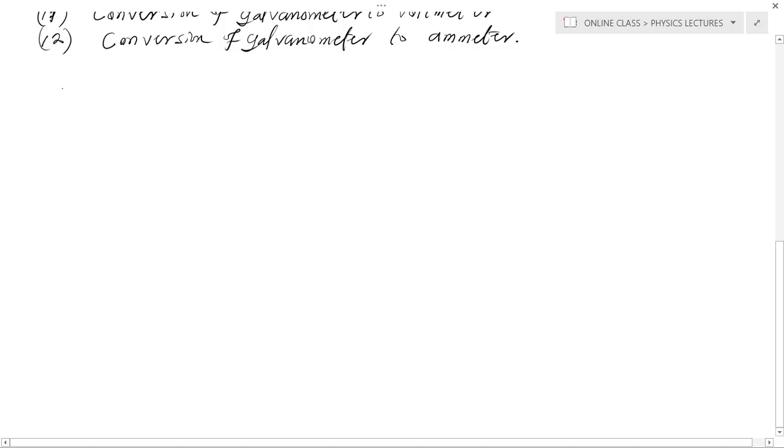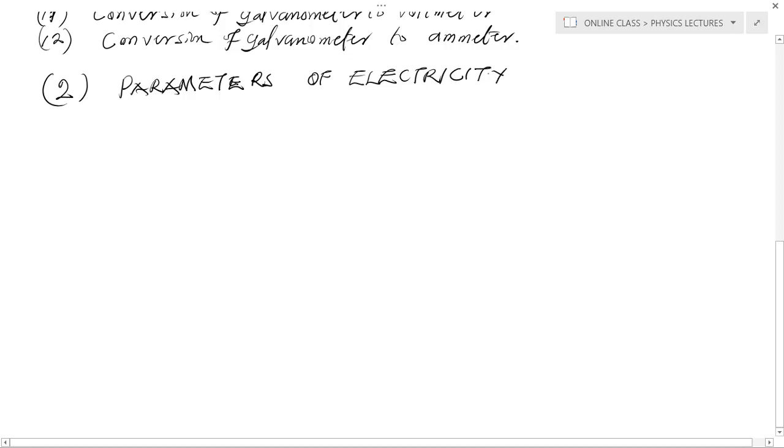We'll get that when we discuss the parameters of electricity, which is the next thing here. Actually, I can't finish all these things today because they are lengthy in nature.